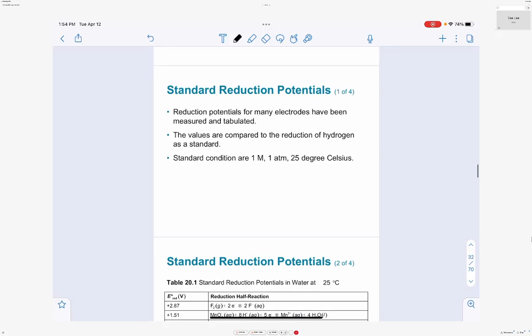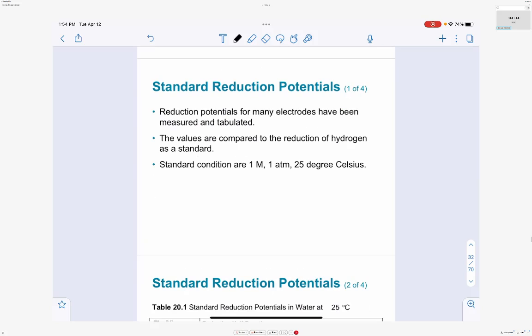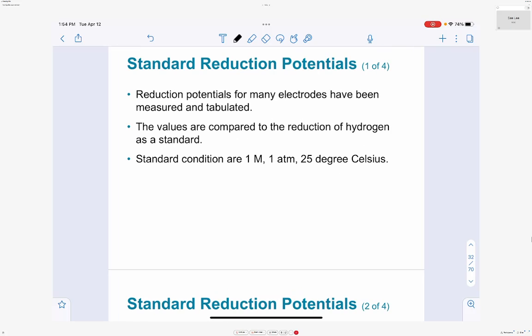And the cell potential measured under standard conditions is called standard cell potential. It is labeled like this.